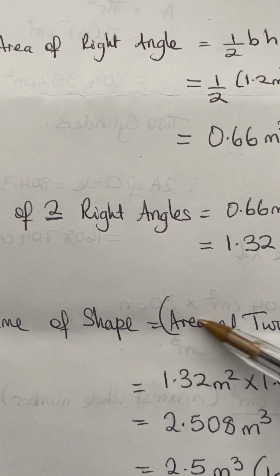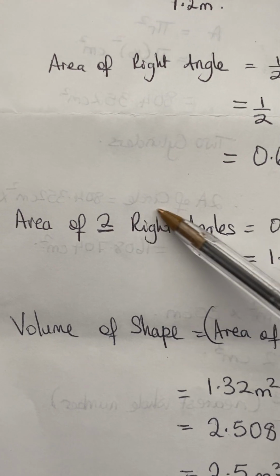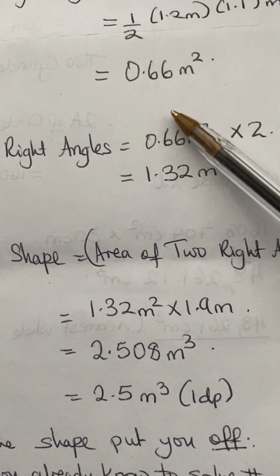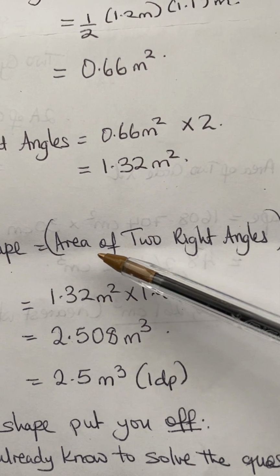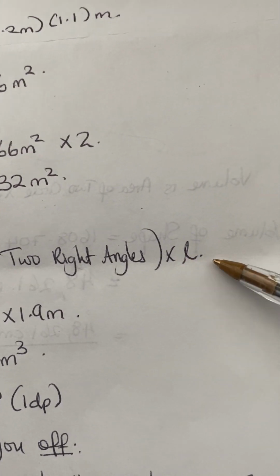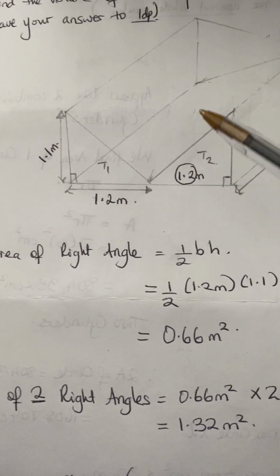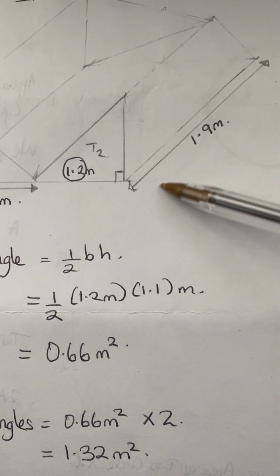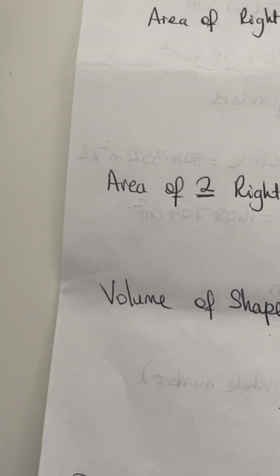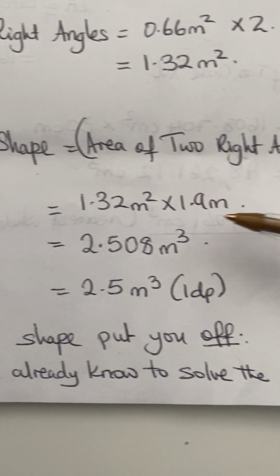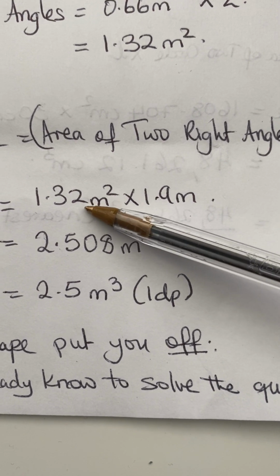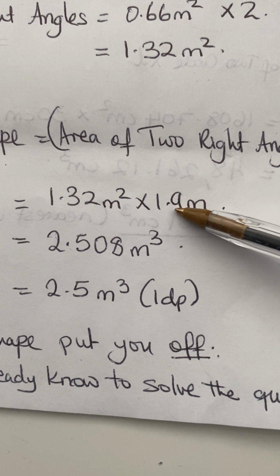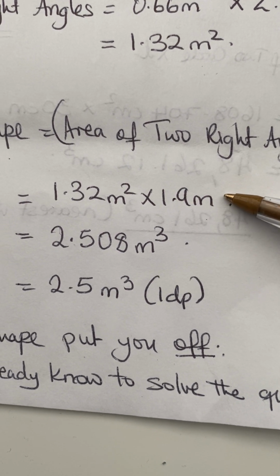Now the volume of the shape, after finding the area of the 2 right angles, is the area of the 2 right angles times the length of the whole shape, which has been given as 1.9 here. So 1.32 meters squared times 1.9 meters.